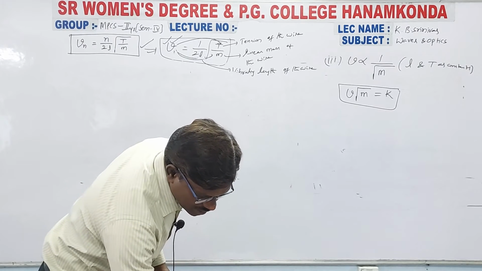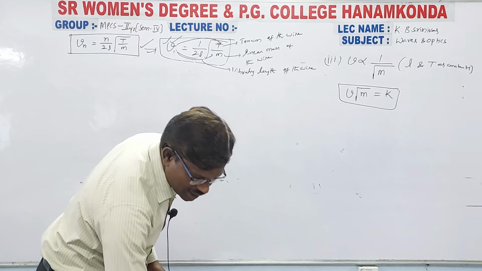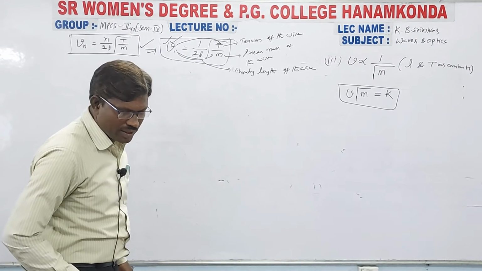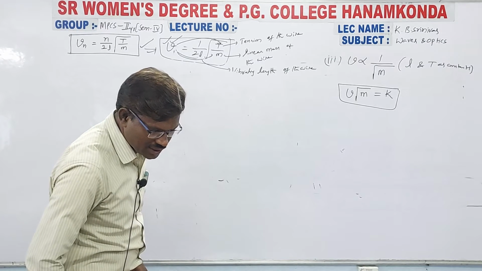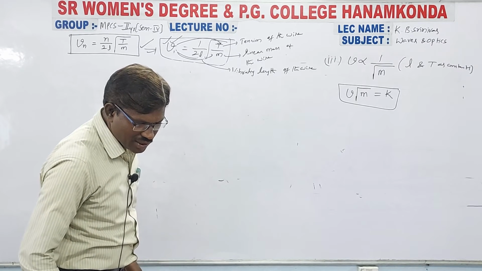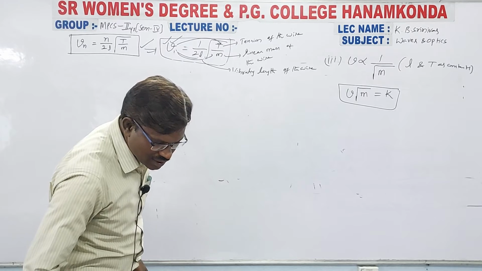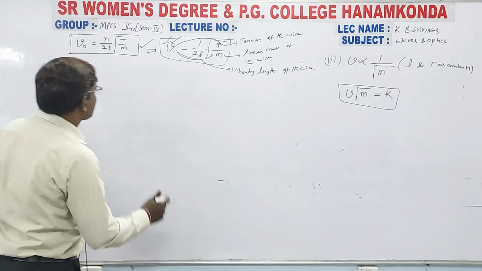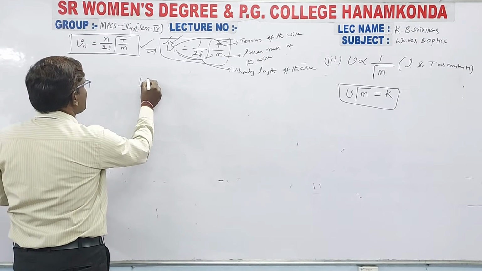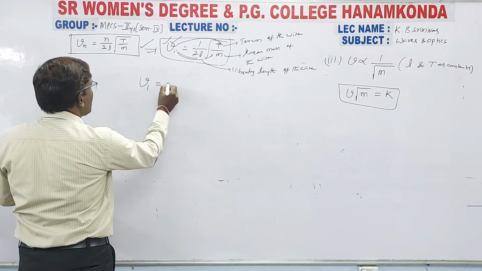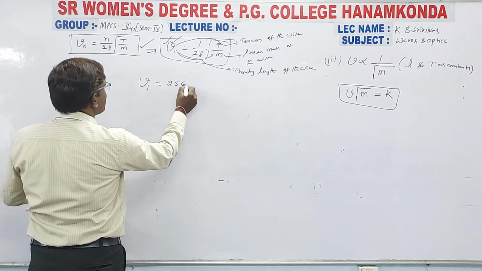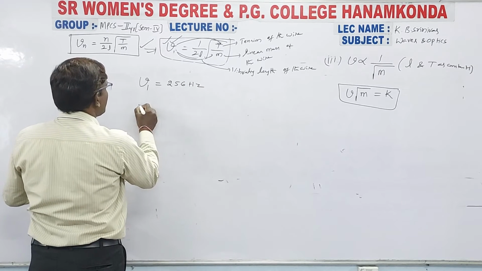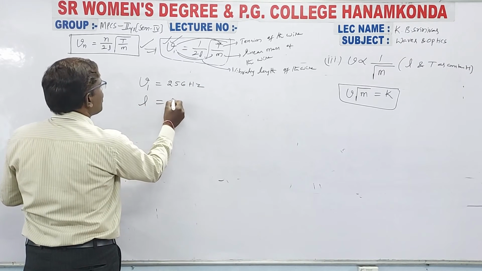In the problem they are asking: the fundamental frequency of a vibrating stretched string of length 1 meter is 256 hertz. The fundamental frequency of the wire is given as 256 hertz, and the length of the wire is given as 1 meter.